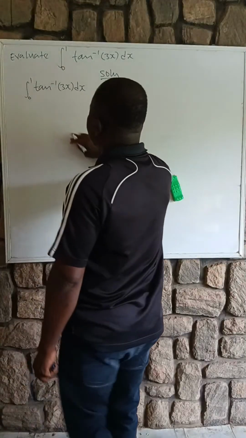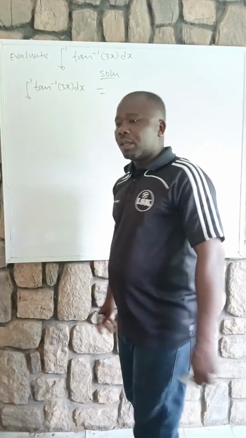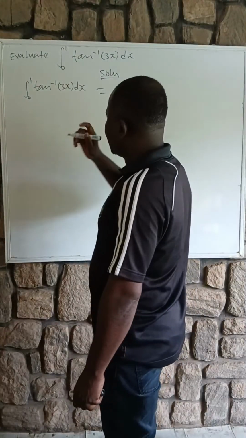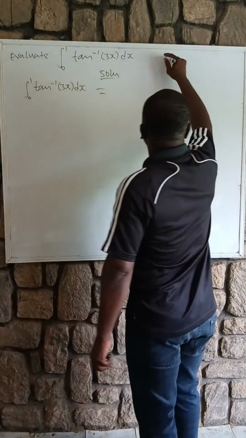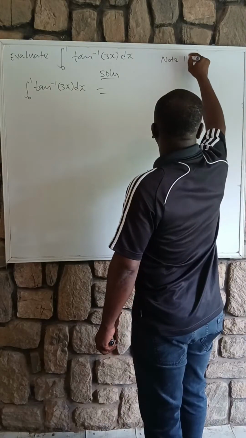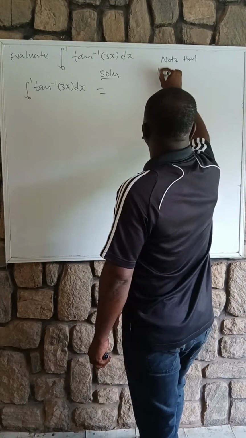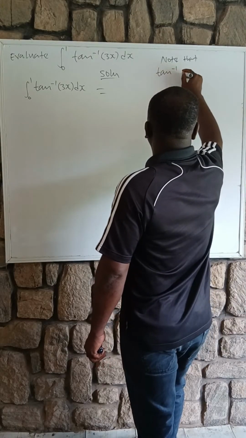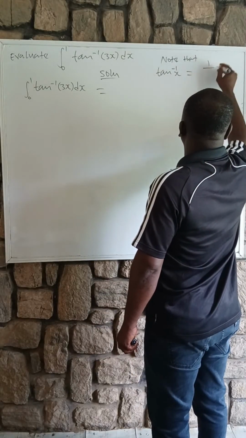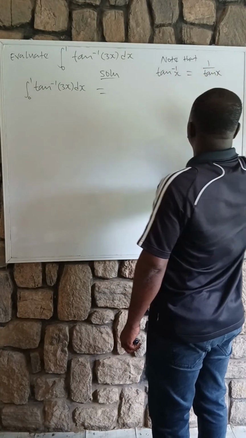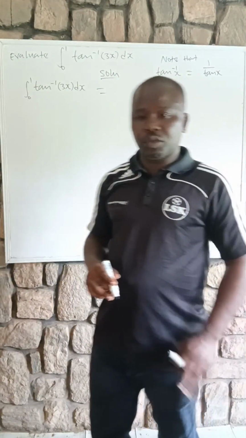So we know that if we integrate tan inverse, I want us to note something first. Note that tan inverse of x is the same thing as 1 over tan x. True or false? Do you agree with me? It's true, right?